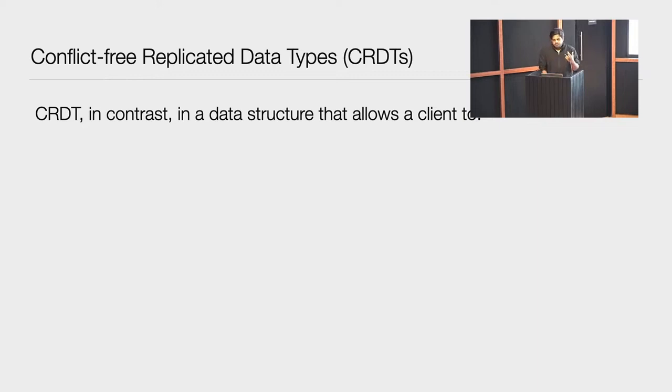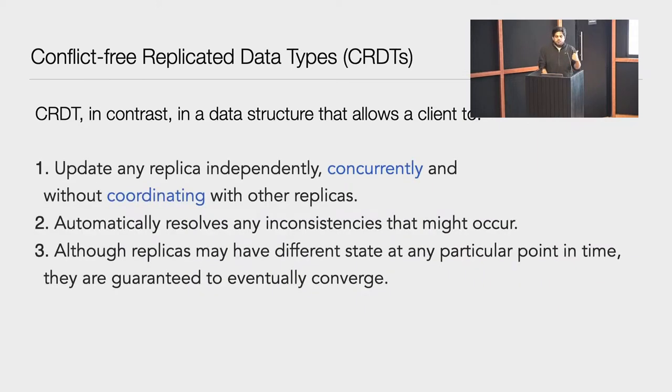So these allow you to replicate, to update any replica independently, concurrently, without coordinating with other replicas. So this family of data structure essentially lets you send your changes to anyone else in the world, and if they are also using the same data structure, you should be able to do it concurrently and without having to worry about things going out of sync. It automatically resolves any inconsistencies that occur.